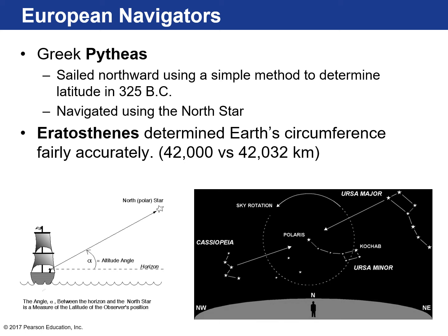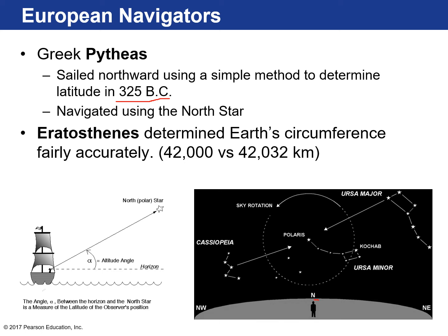There was a lot of scientific progress, and they used these technologies in their sailing. The Greeks sailed northward using a very simple way to determine the latitude you were at, meaning how far north or south you were on our globe. Okay, and the way you do that is by using the North Star.